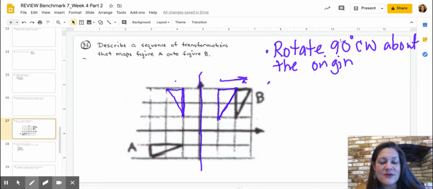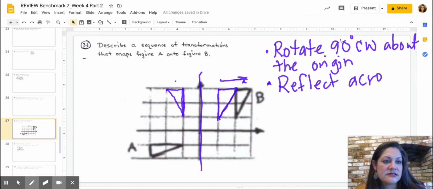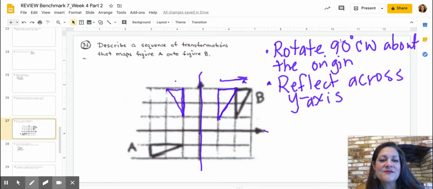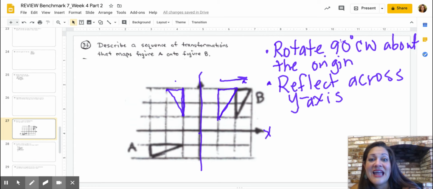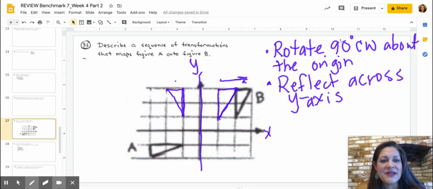Second thing we did is we reflected across the y-axis, because of course this one here is x and this one is y.